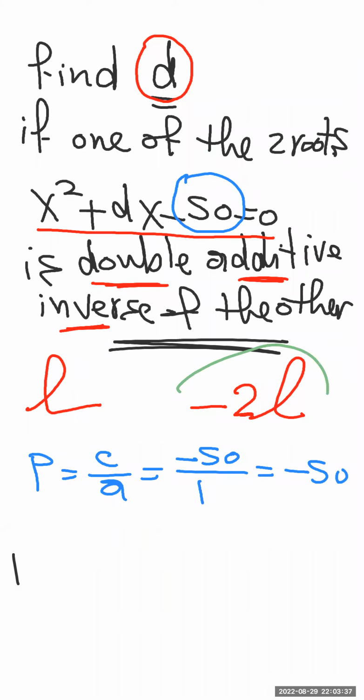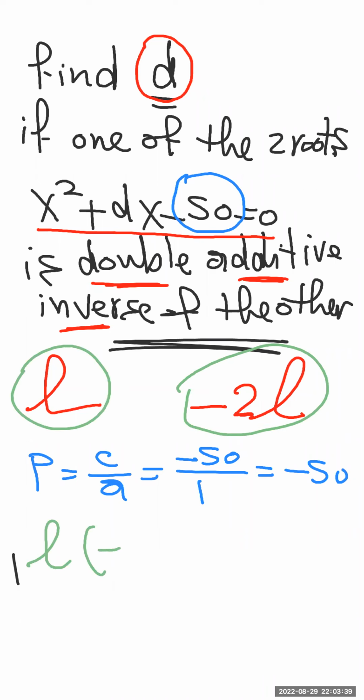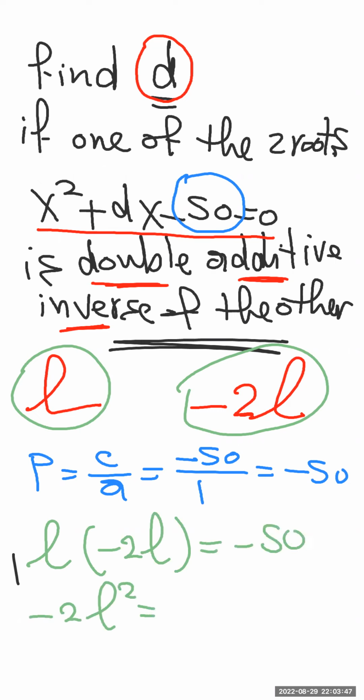So L times negative 2L equals negative 50. So negative 2L squared equals negative 50. So L squared will equal 25, then L will equal positive or negative 5. Correct, guys?